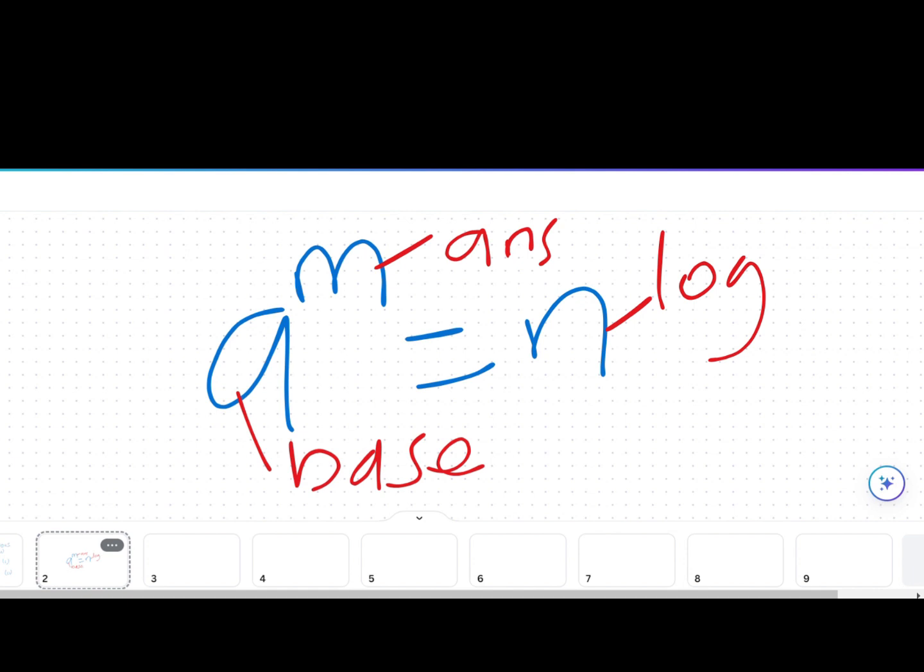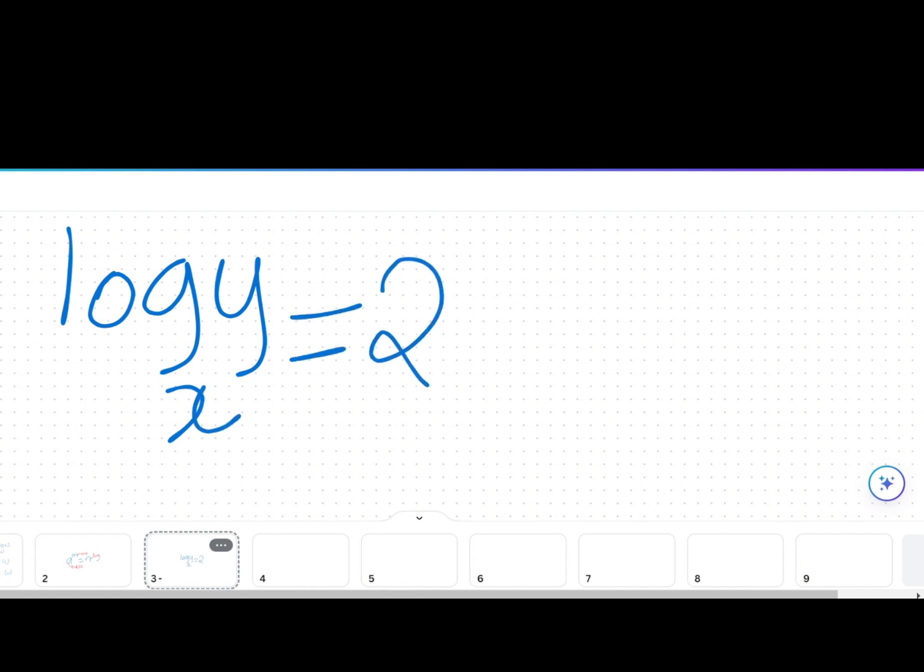Now, in our case we have log y base x is equal to 2. We are going to write this in index form, and as we have seen, the base remains the base and 2 becomes the power, and the y, which was the log, now becomes the answer.